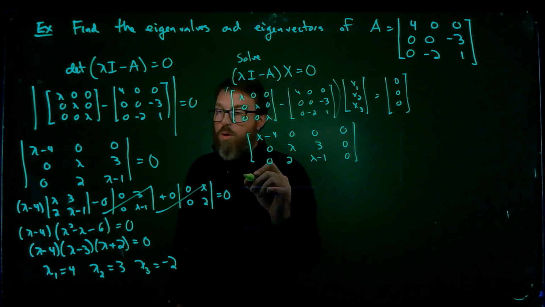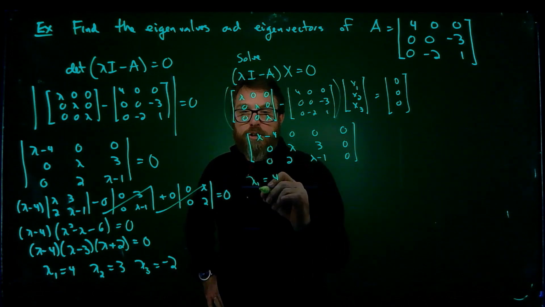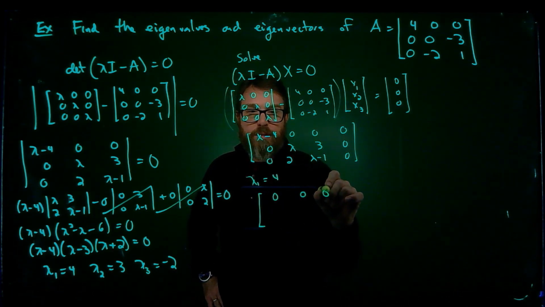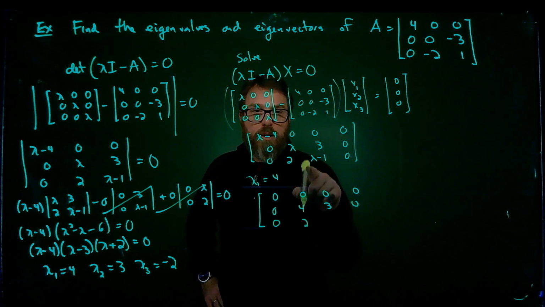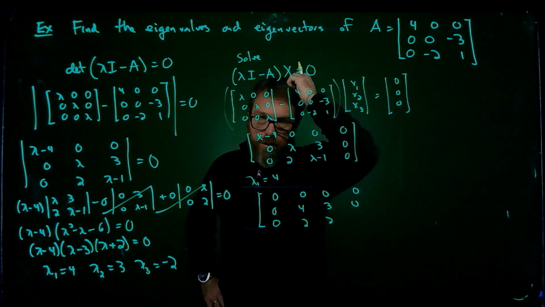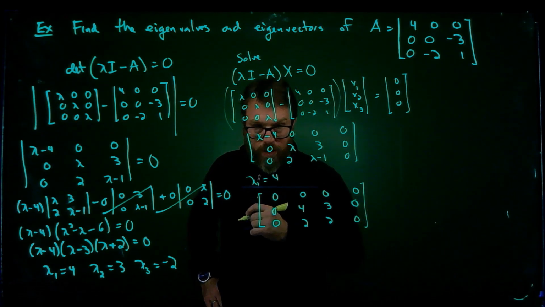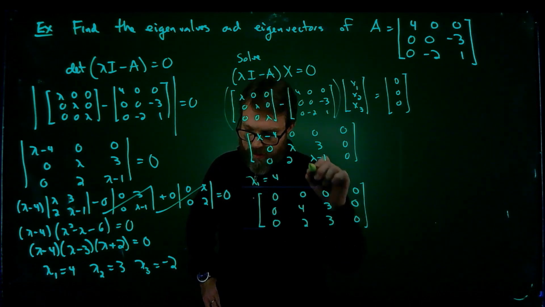Plugging in lambda 1 is equal to 4. So what we're going to get is 0, 0, 0, 0, 0, 4, 3, 0, 0, 2. Plug in 4. This is going to be 2. And this is going to be equal to 4 minus 1 is 3.